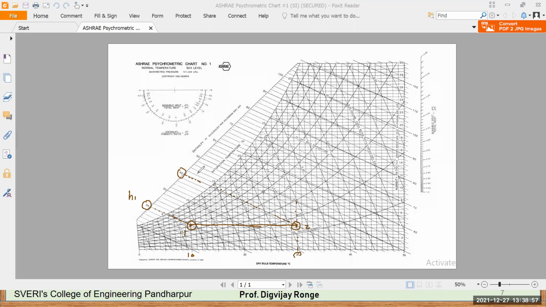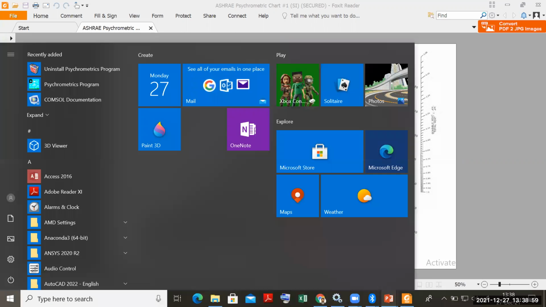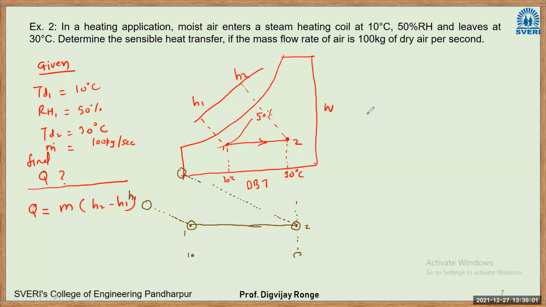So it is simple, right? So here the H1 value comes out to be 20 kilojoule per kg, and H2 comes out to be 40 kilojoule per kg. Now simply I will calculate the Q.